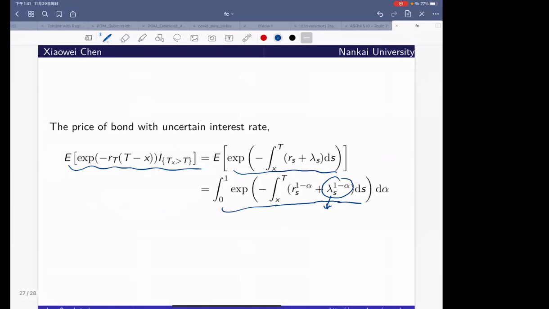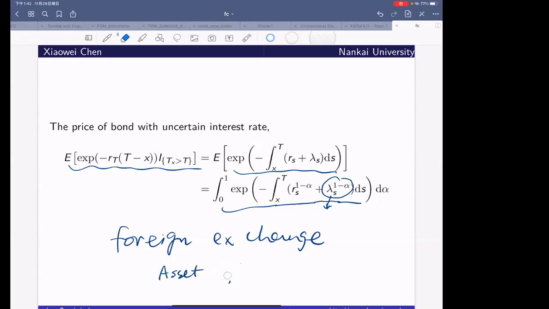And the last 2 parts are the foreign exchange market and asset allocation, using optimal control theory.